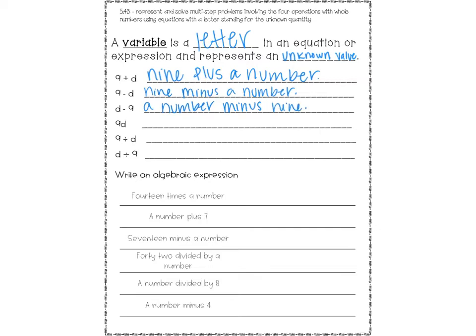Our next example says 9d. So in math, when we have a number next to a letter, or a number next to a letter in parentheses like this, when there's no symbol in between, no subtraction, addition, multiplication, or division symbol in between, it automatically means multiplication. And so for this one, we have 9 times a number.